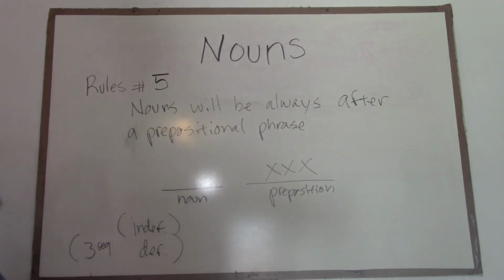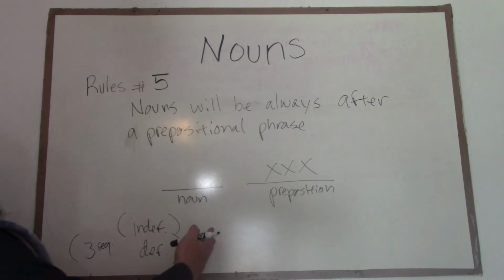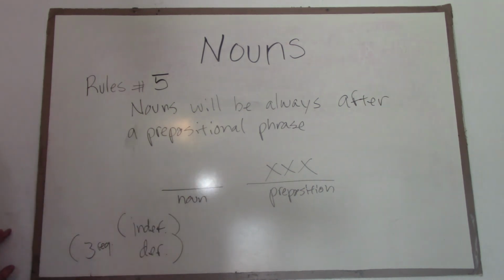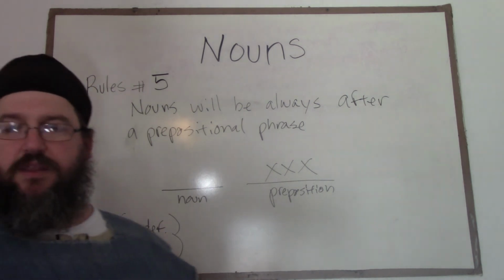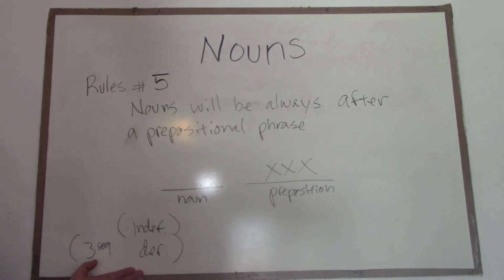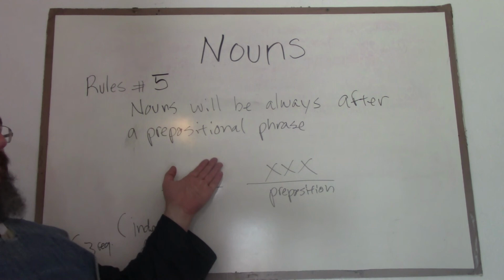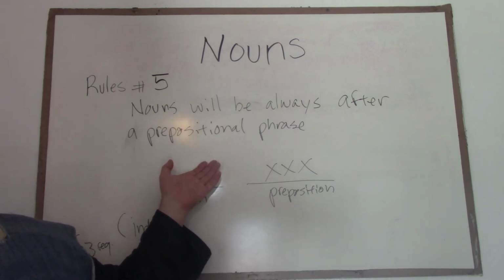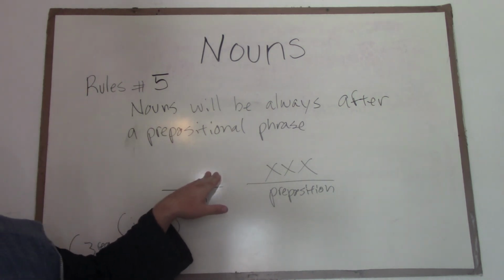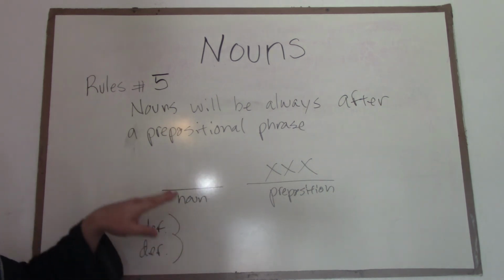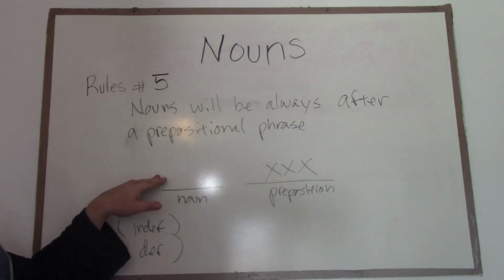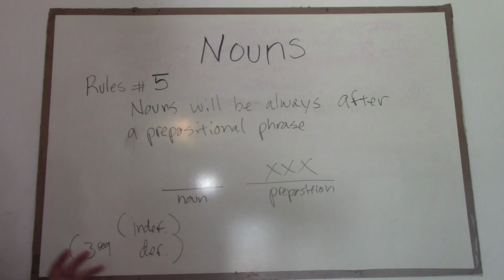So if I need a noun that's indefinite, then I just need to write the noun without any of the things that identify it to be definite, right? So I'm not going to use the name of a person. I'm not going to have a hey attached to the noun to make it definite. I'm not going to have a possessive pronoun ending to make it definite. I'm just going to write the noun.